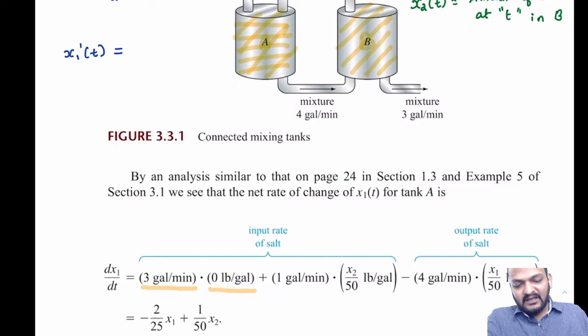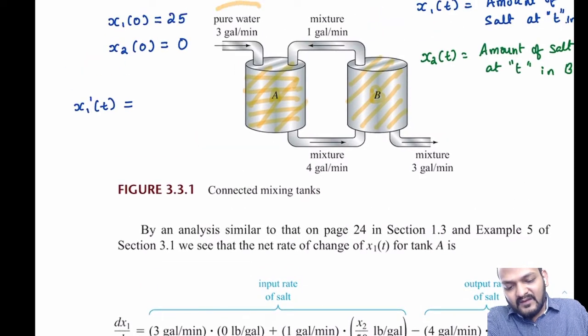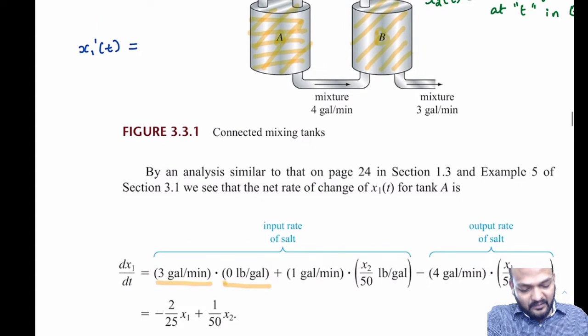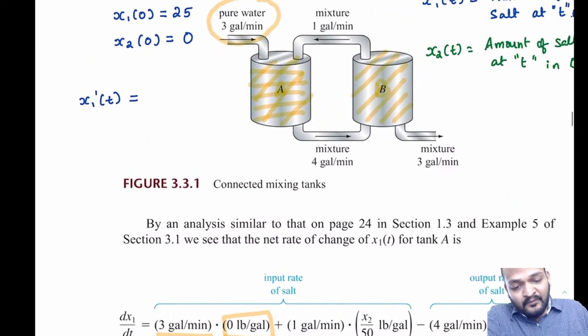So in other words, this does not provide any salt to my tank A, right? So the pounds per gallon is 0. Now it is also receiving 1 gallon per minute from tank B, right?